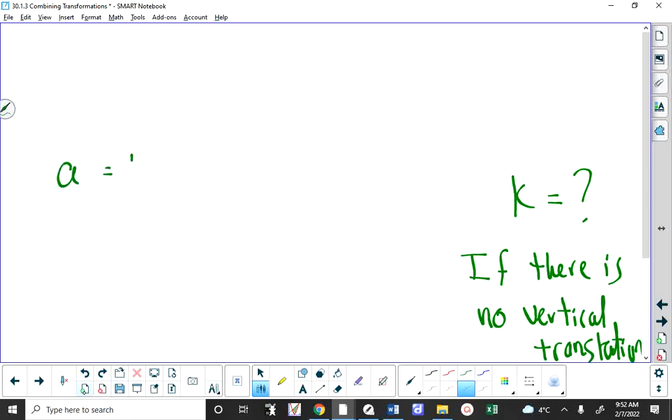A is 1 if there's no vertical stretch. A is the parameter that deals with vertical stretches, and if there's no vertical stretch, A is 1 because it maintains the same height. I'm saying, what is K if there's no vertical translation?